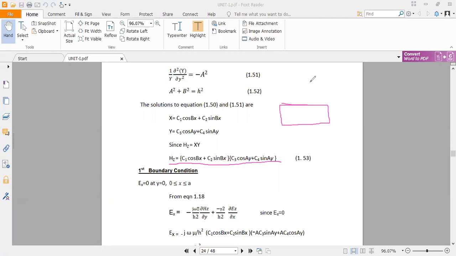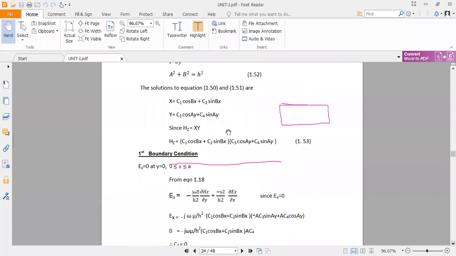There you got that the normal component is continuous for the magnetic field, whereas the tangential component of the magnetic field is discontinuous. So there is a tangential component, but there is no boundary condition for it. What we have to do is take the tangential component of the electric field and change the tangential component of the magnetic field accordingly.